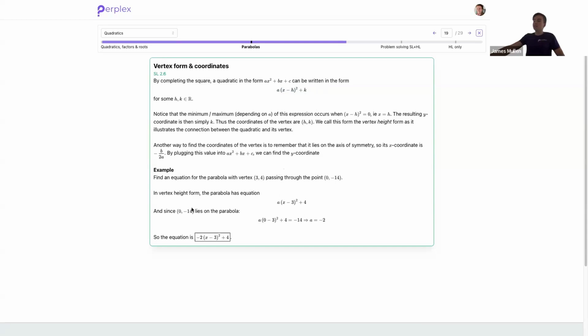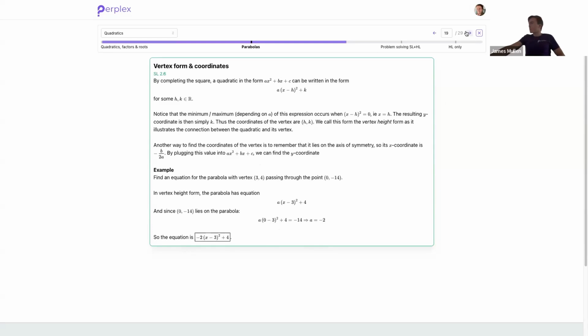And then, because I know that (0, negative 14) lies on the parabola, if I plug in 0, I get a times (0 minus 3) squared plus 4 is supposed to be equal to negative 14, which means that a has to be equal to minus 2, because minus 3 squared gives 9, so I need negative 18 plus 4 to get negative 14. So this is the equation of my quadratic, and you can expand it to find it in a different form as well.